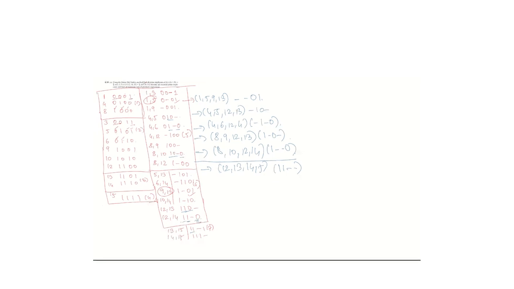Now let's see all the combinations of prime implicants and essential prime implicants. So as you can see, 1, 5 is here. 1, 9 is found here. 4, 5 is here. 4, 6 is here. 4, 12 is inside this. 8, 9 is here. 8, 10 is here. 8, 12 is here.